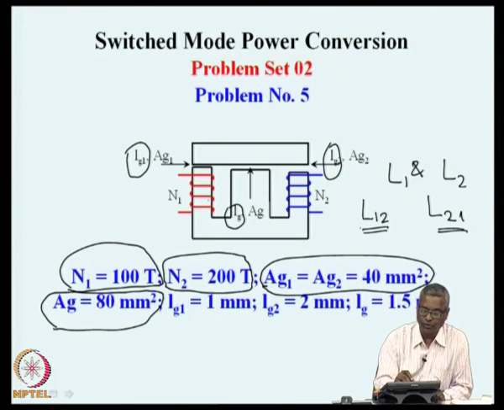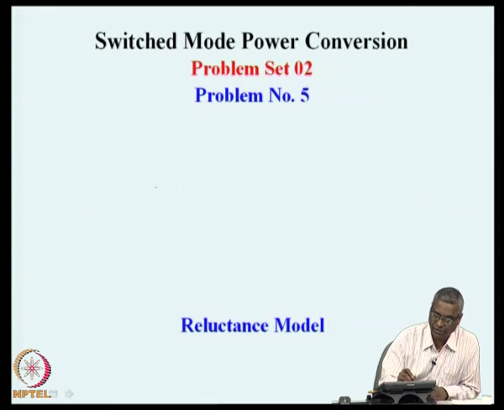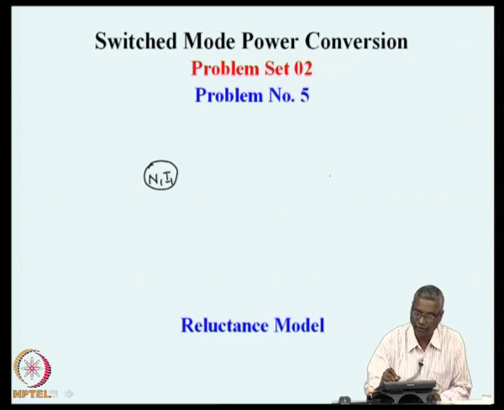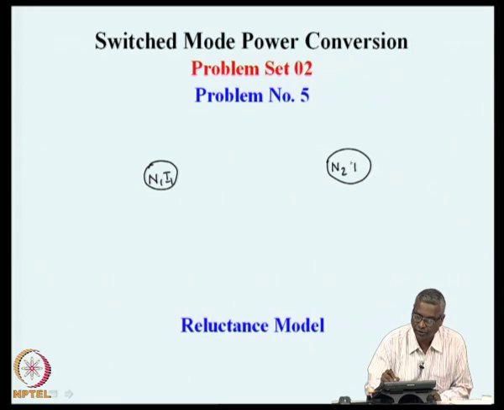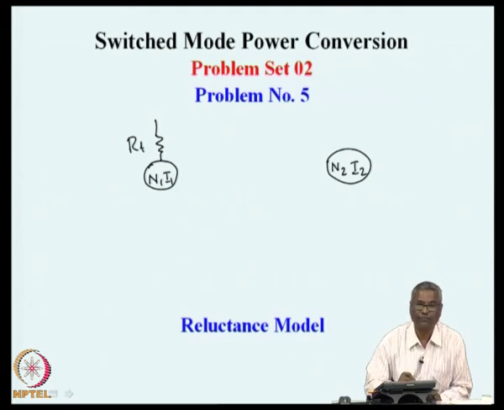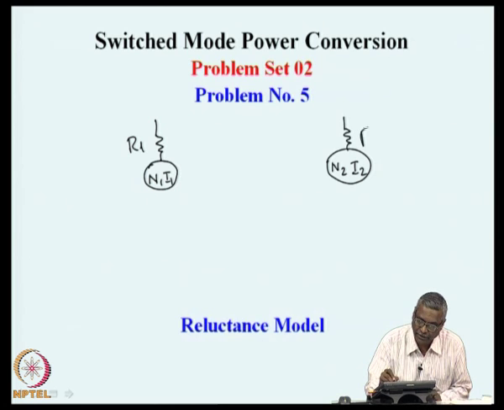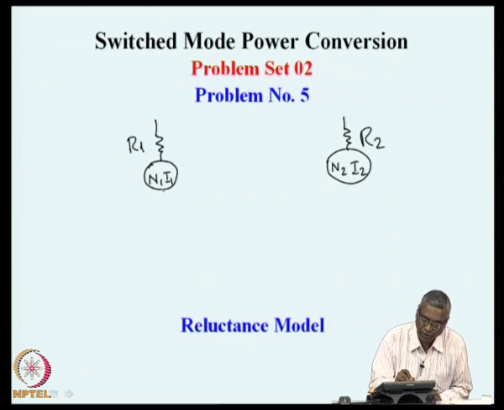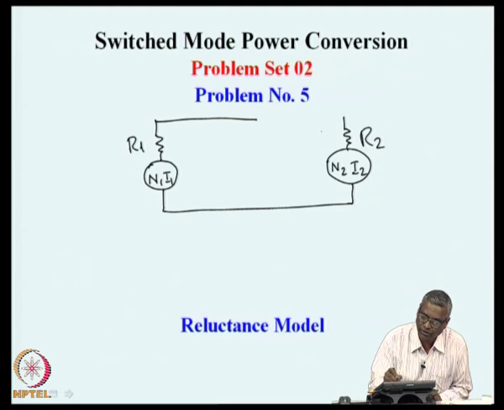And then the flux produced by these outer limbs finds the return path through the central limb, and it is possible for us to find a reluctance model for this particular circuit, where N1 I1 is the excitation on limb 1, N2 I2 is the excitation on limb 2, and limb 1 has a reluctance of R1 and the outer limb on the right hand side has a reluctance of R2, and the return path is through the central limb, and central limb has no excitation, but has a reluctance of R.